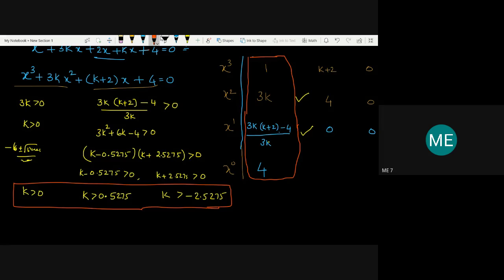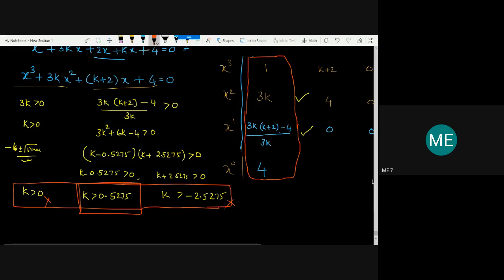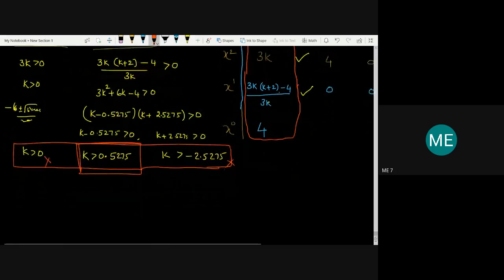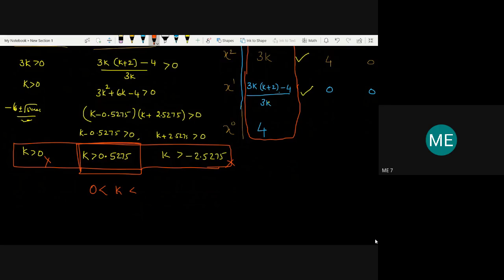Means for any value of k that is 0.5275 and more, this one will be taken into consideration by leaving this and by leaving this. Then I can write the range of k, that is 0 less than k less than, sorry, not 0, infinity.